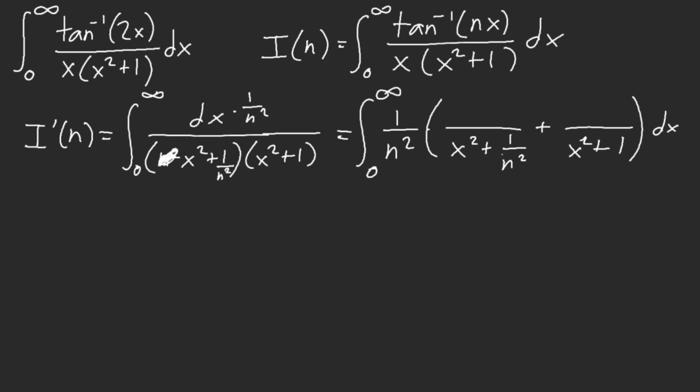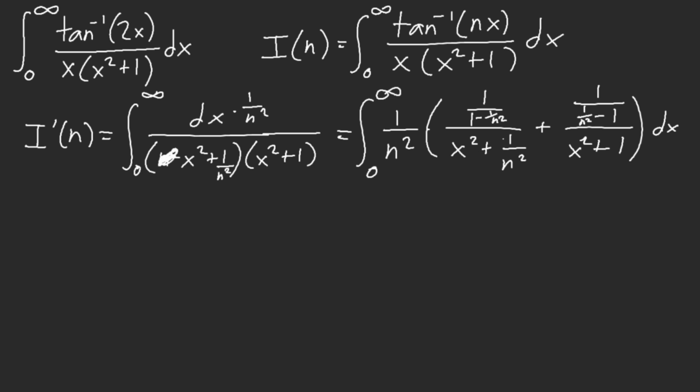Here, if we plug in negative 1 over n squared, we get 1 minus 1 over n squared. And if we plug in negative 1 here, we get 1 over n squared minus 1, using the Heaviside method. You remember how to do this from beginner training.